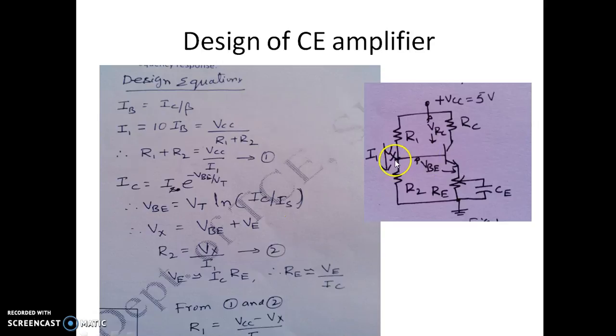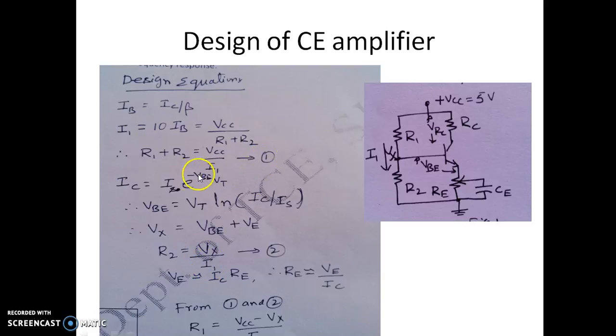And Vx, the voltage at the base point with respect to ground, is equal to VBE, the base emitter voltage, plus the drop across the resistor RE, which is named as VE. We can estimate the resistance of R2 because we know Vx, which is VBE plus VE, and we know I1. So R2 is given by Vx by I1.